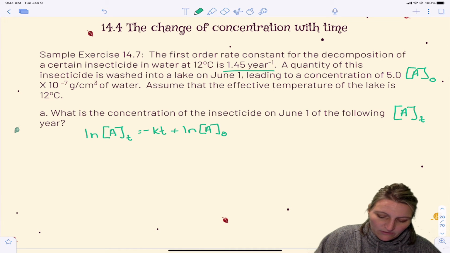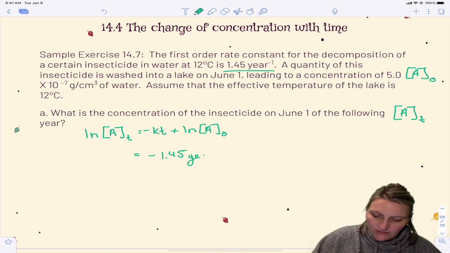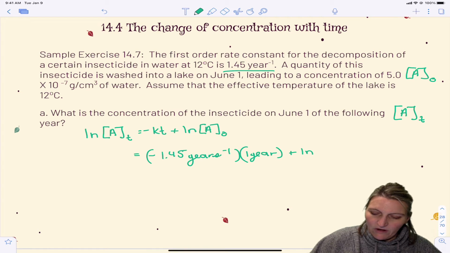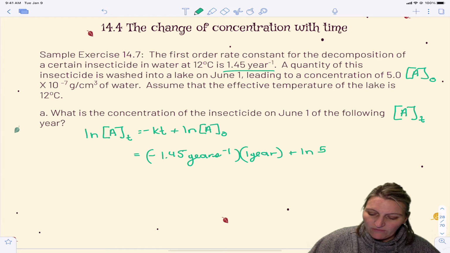Plug in the values. The negative 1.45 inverse years times the time, which is 1 year, plus ln the concentration of A at time 0 was 5.0 times 10 to the negative 7 grams per centimeter cubed.